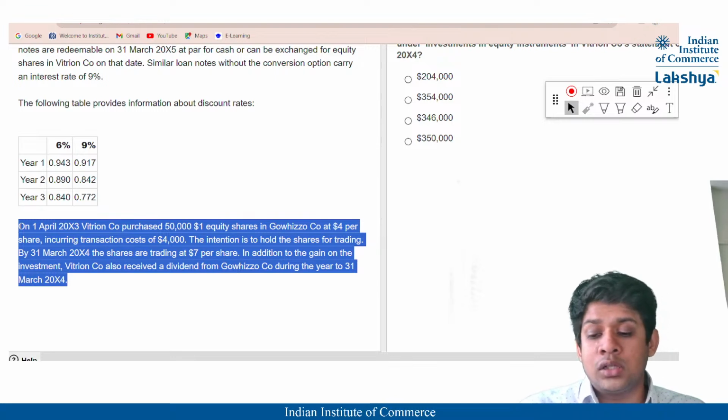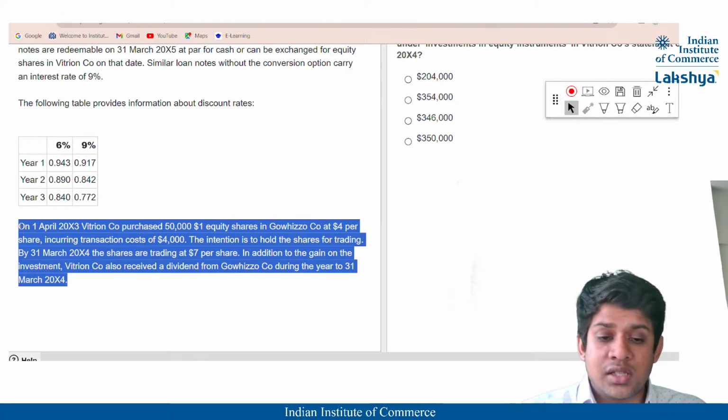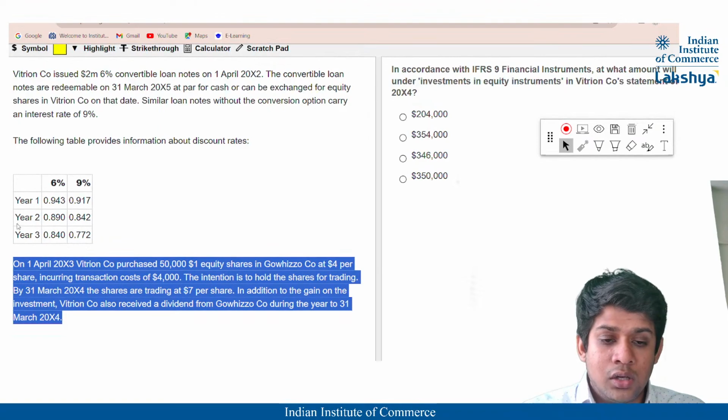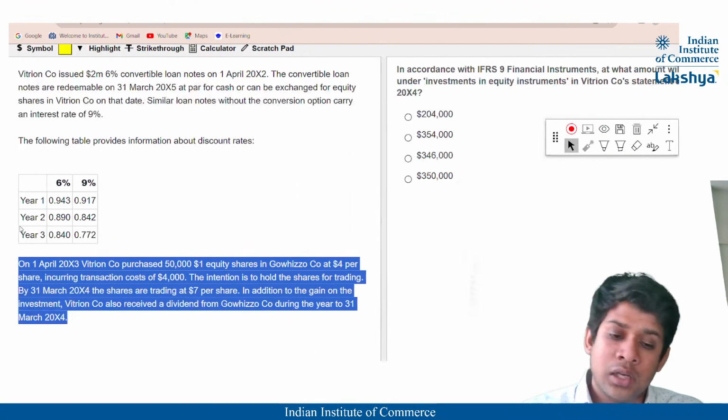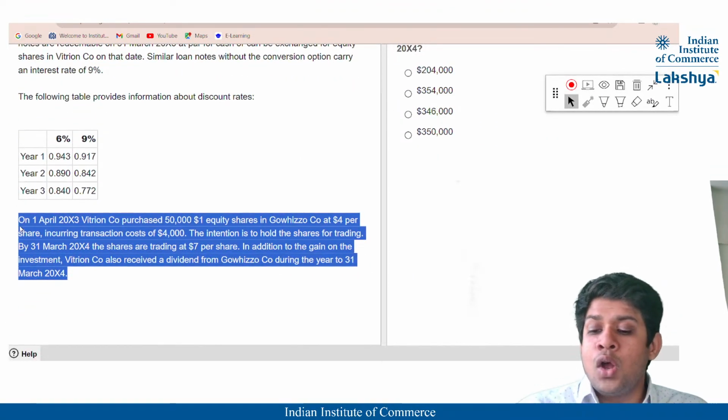On 1st April 2013, Withdrawn company purchased 50,000 equity shares in Goziho company at $4 per share.